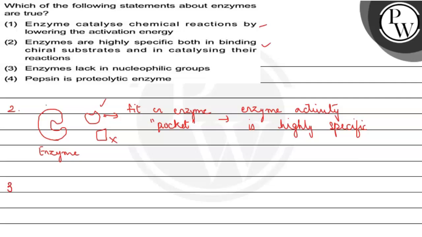Now the third statement, which says enzymes lack nucleophilic groups. So we know there are a number of enzymes having groups like SH, which is a thiol group, OH, which is hydroxyl group, NH2, which is amine group.